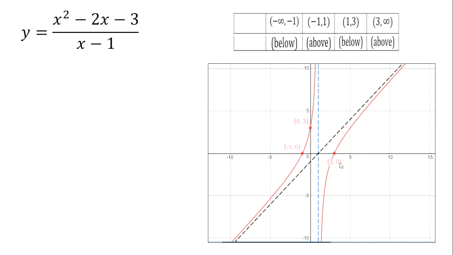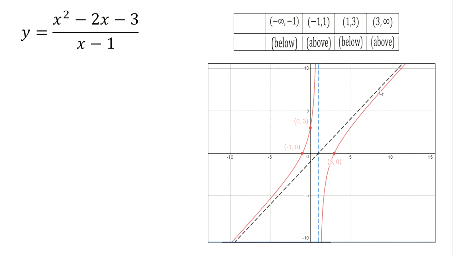For negative infinity to negative 1, or x less than negative 1, that's below the x-axis, and as you can see, it approaches our oblique asymptote. From negative 1 to 1, above the x-axis, it approaches our vertical asymptote. From 1 to 3, below the x-axis, approaching the vertical asymptote. And then from 3 to positive infinity, above the x-axis, approaching the oblique asymptote.